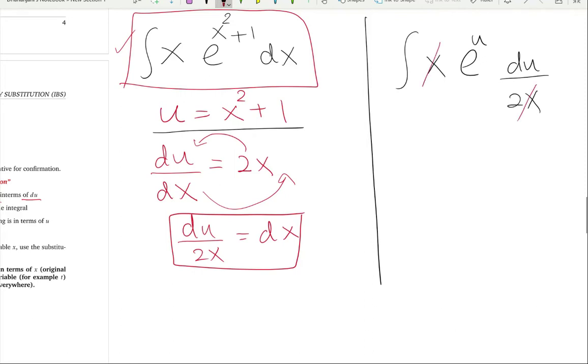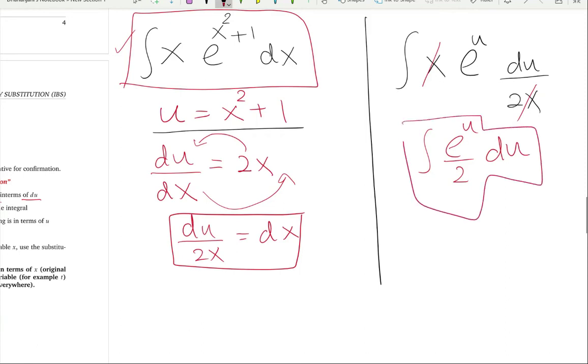So what we get is e to the u over 2 du. So simplify your integral and get your integral totally in the new variable. That means if your new variable is u, you cannot have x somewhere in the integral. So you are going to change your integral from x to u completely.